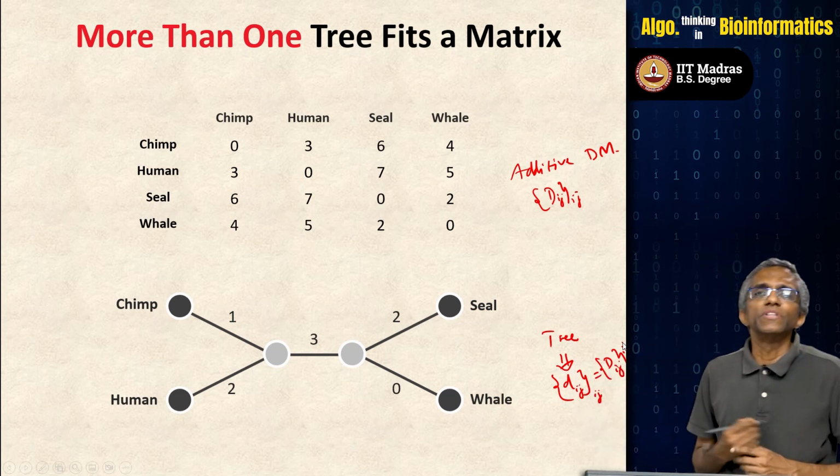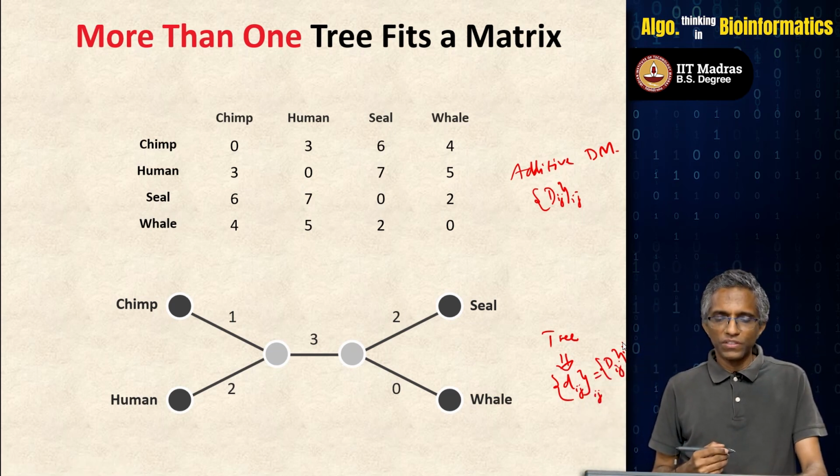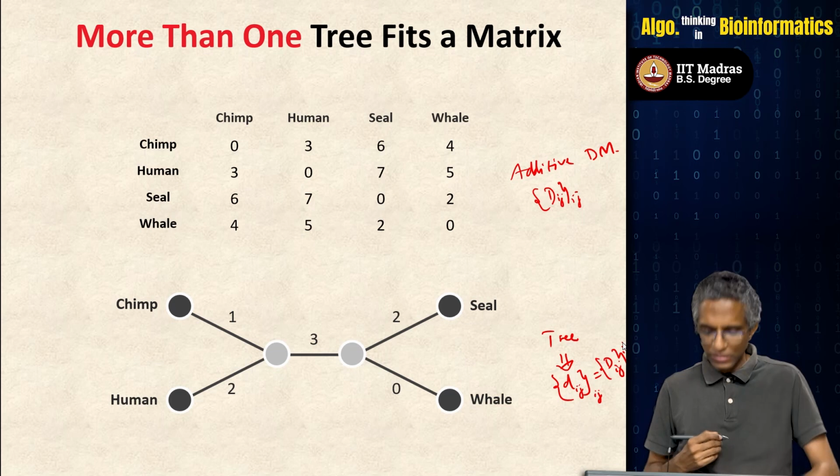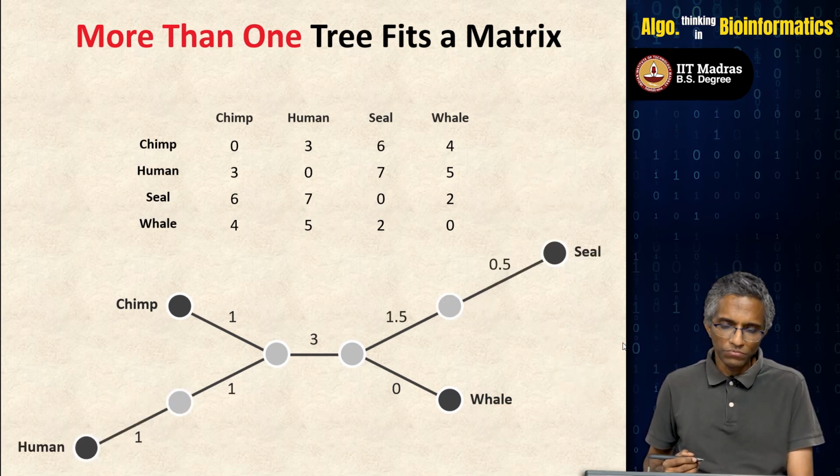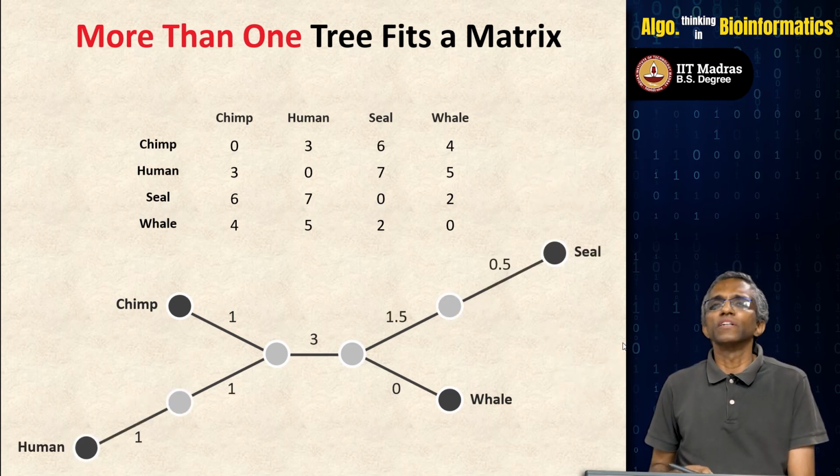So, this is an additive distance matrix and this is one tree that will match or fit this additive distance matrix. But you can also come up with other trees.